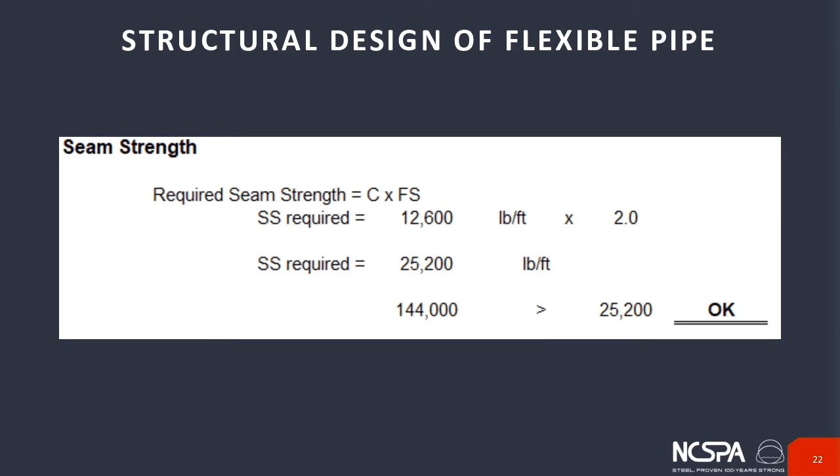So again, the thrust load that is acting on this pipe was 12,600 pounds per lineal foot of pipe wall, multiplied by a factor of safety of 2, means the required seam strength for this pipe would have been 25,200 pounds per lineal foot. We compare that to the actual seam strength that 1 gauge 6x2 provides, which is 144,000 pounds per lineal foot. So therefore, this check is also okay.